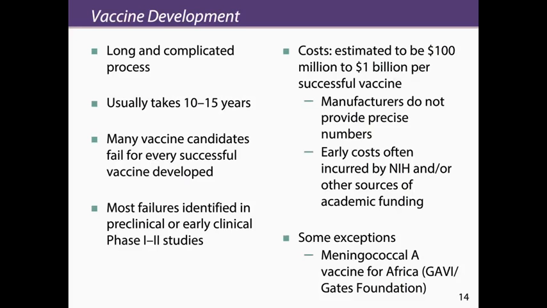There are a few exceptions, and one most noted is the recent development of the conjugate meningococcal A vaccine for use in Africa, which was developed almost entirely with funding from the Global Alliance Vaccine Initiative and the Gates Foundation.